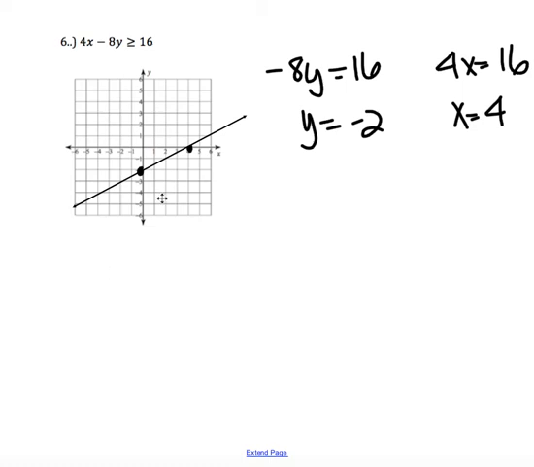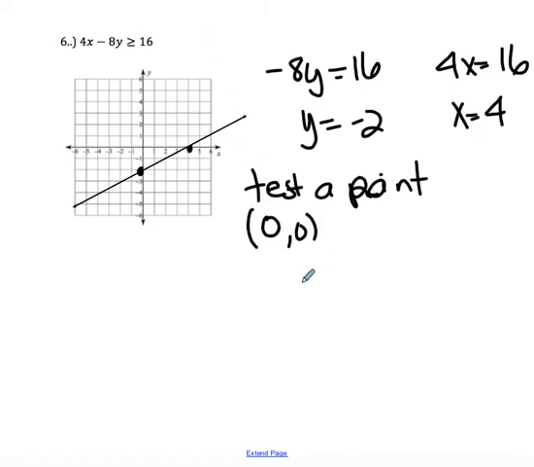Now for step 3, shading. Again, when you're in standard form using intercepts, you do need to test a point for step 3. And again, 0, 0 is the easiest point to test. So I'm going to test the point 0, 0.